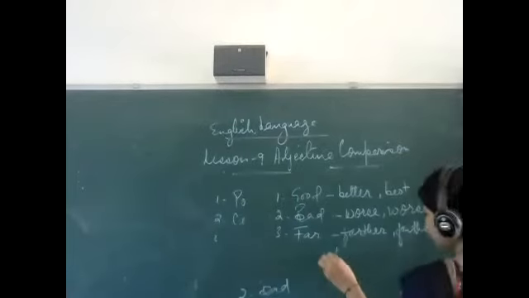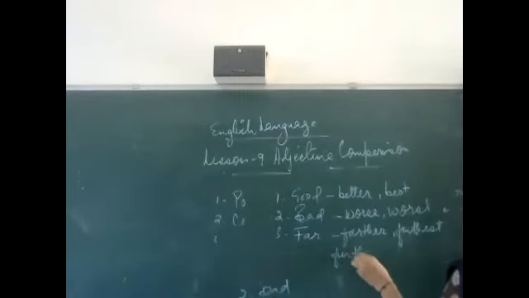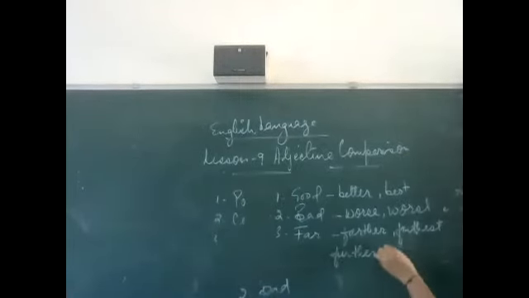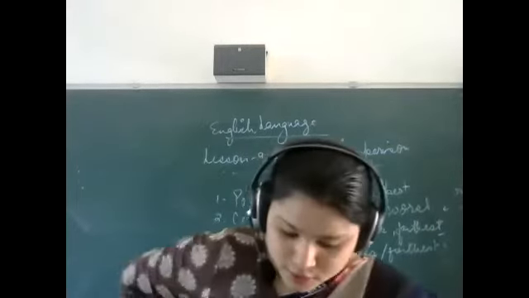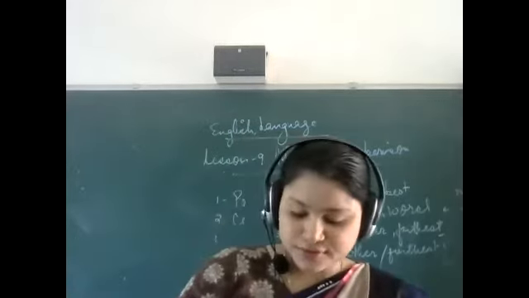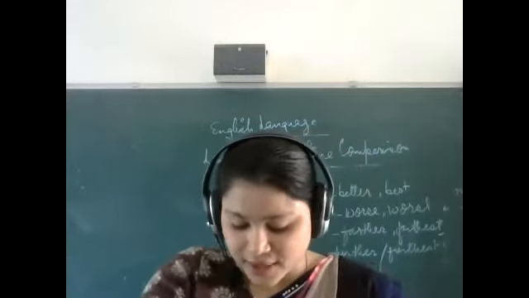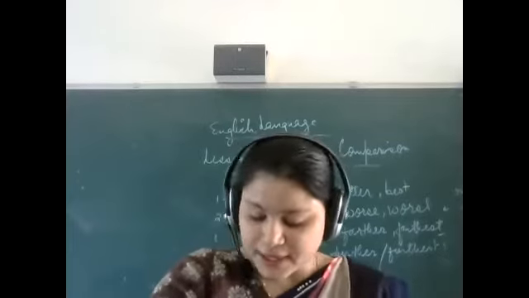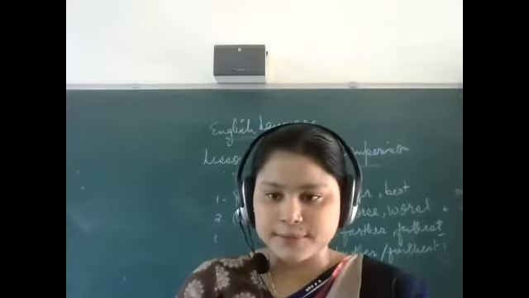Sometimes we use further also: farther, further, and furthest. So don't be confused between these two. So that was good, better, best; bad, worse, worst; then far, farther, further, then farthest and furthest.